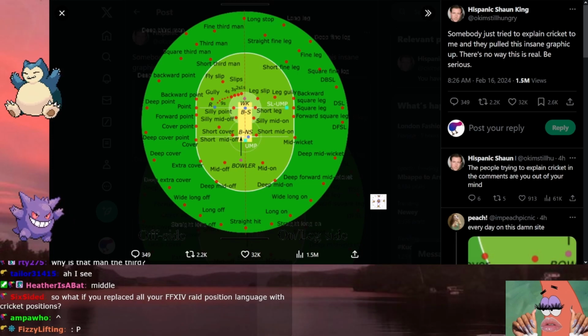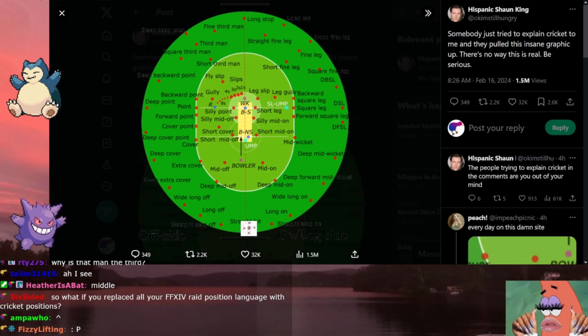What if you replaced all your Final Fantasy XIV raid position language with cricket positions? You could do it. You'd probably have wicketkeeper, fine leg, square leg, like a mid wicket, maybe a deep mid wicket.